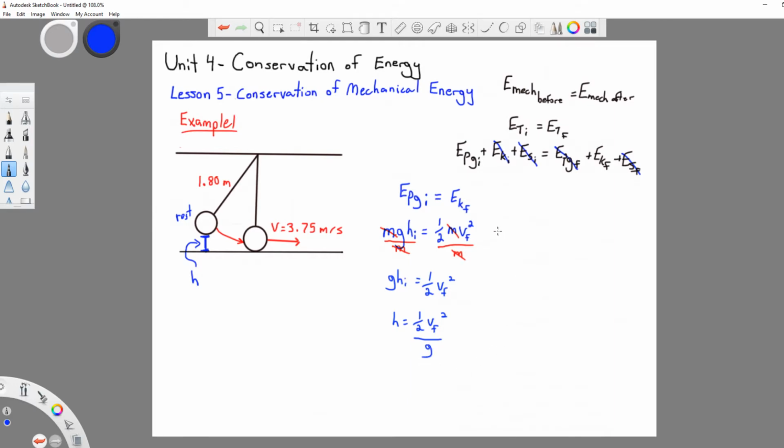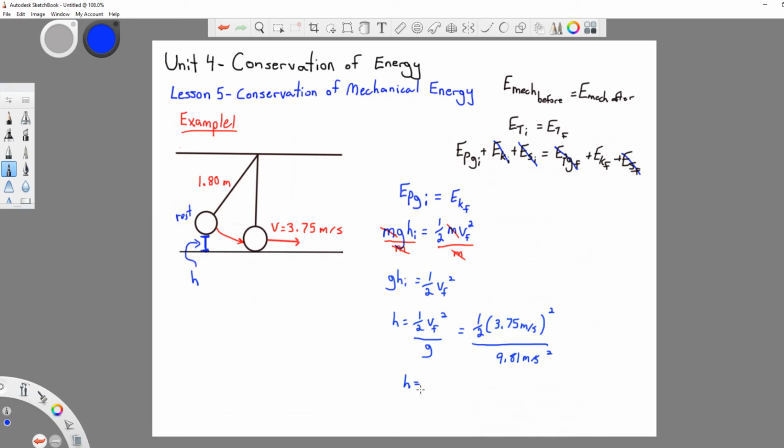Alright, almost done this question. Let's plug in our numbers and finish it off. So height is equal to 1/2 velocity squared, so 3.75 meters per second. Square that one. Divide by 9.81 meters per second squared.